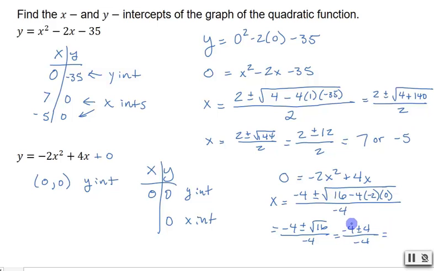So I get negative 4 plus 4 is 0, divided by negative 4 is 0, or negative 4 minus 4 is negative 8, divided by negative 4 is positive 2. So I have, again, two x-intercepts, and one is 0, 0, and the other one is going to be 2, 0. Okay?